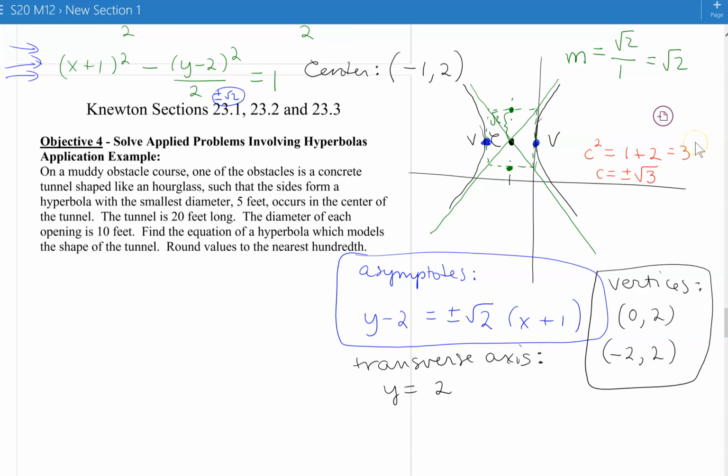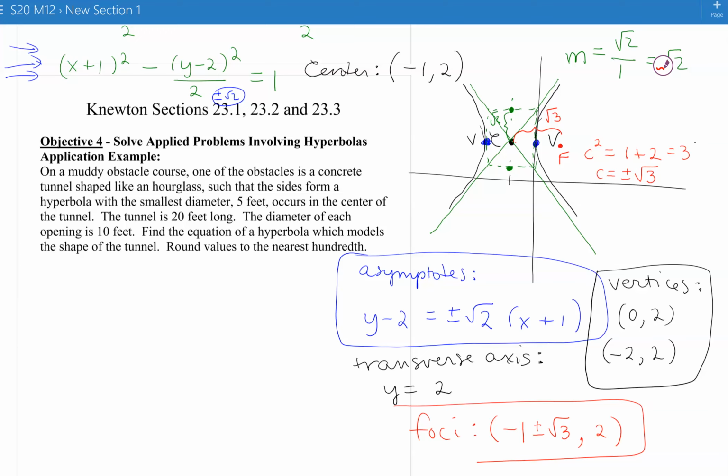So the distance from the center to the focus, here's the focus, that distance is the square root of 3. So that means the foci, the x-coordinate starts at -1, and then it's plus or minus the square root of 3, and the y-coordinate of 2 doesn't change.